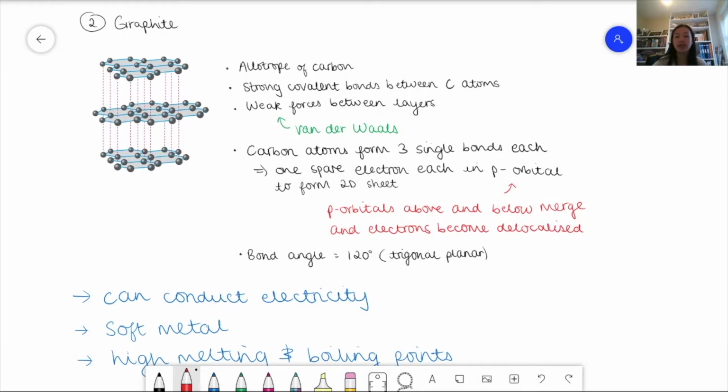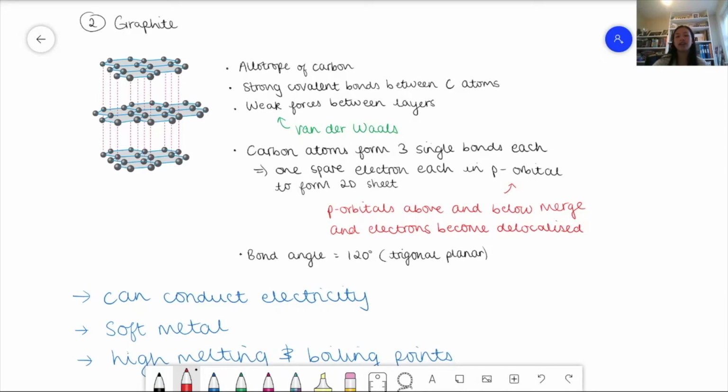So some of the physical properties are that it can conduct electricity, it's a soft metal, and it has high melting and boiling points. And it can conduct electricity because of the spare electrons in the p orbitals, because they're delocalized, so they can carry the charge. It's a soft metal because the layers can slide over each other.